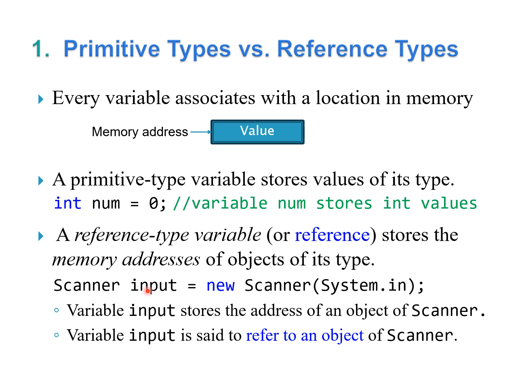It stores the memory address of an object of the type Scanner, which is a class type. Then variable input is set to refer to an object of type Scanner, and so a reference type variable is normally called a reference.